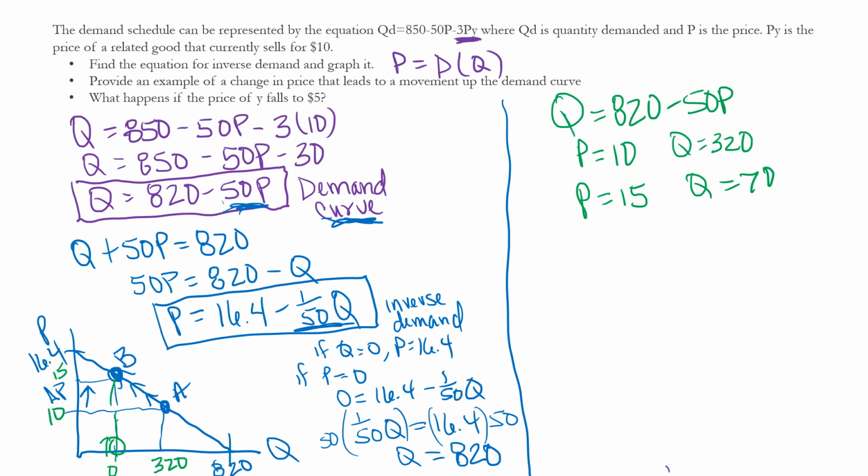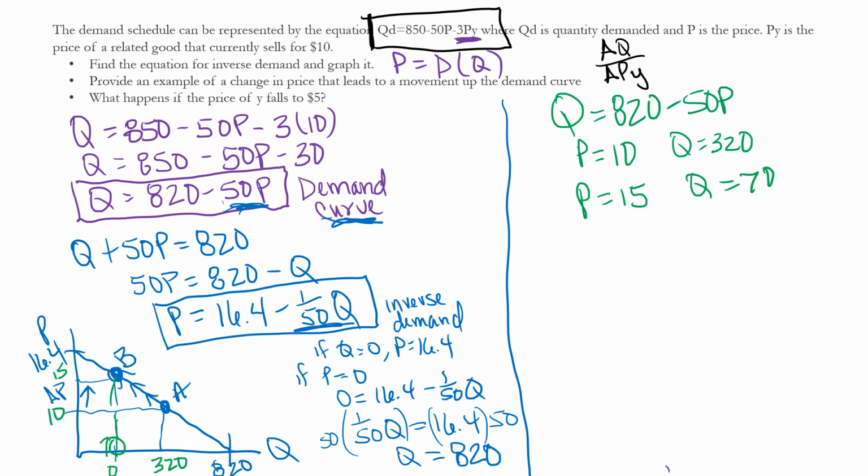Now we've been asked what happens if the price of Y falls to $5. Well, there are two different ways that we can look at this problem, and you can pick whichever one you like. One, we can go back up to this equation right here, and this -3 gives me the change in Q as PY changes.